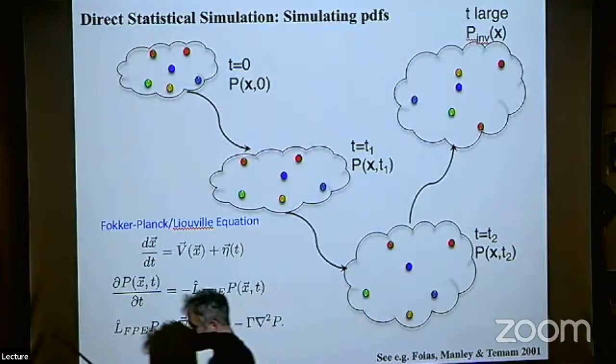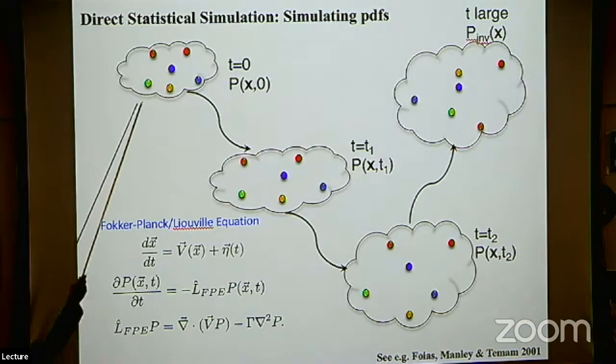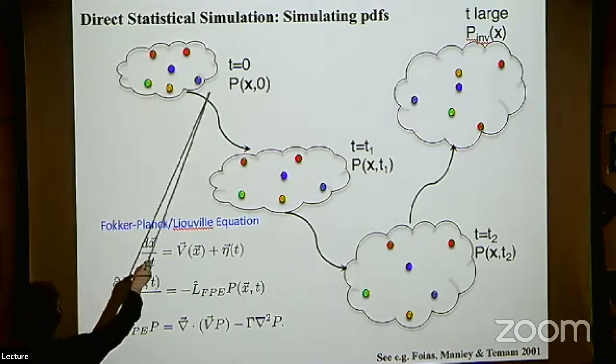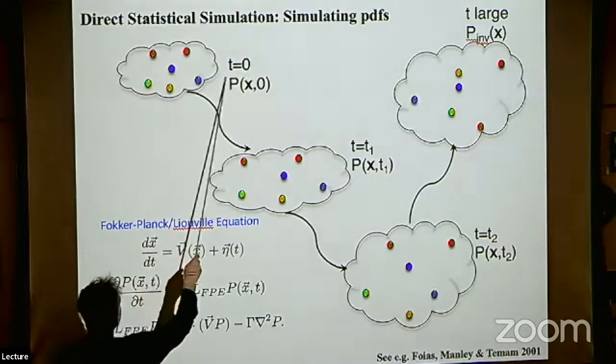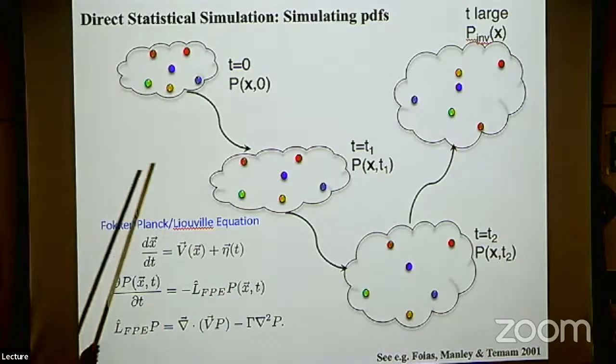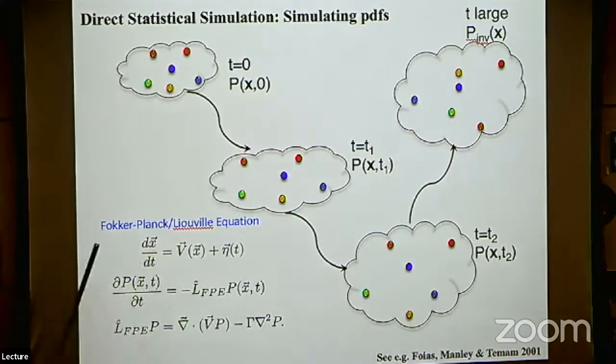Okay, so what about simulating the PDEs? I think you're probably all happy with this kind of thing. So what you might do is start off with lots of different initial conditions here. At time t equal to 0, I can work out a probability density function or whatever at x and time t equal to 0. Of course, these trajectories will move around in the flow.